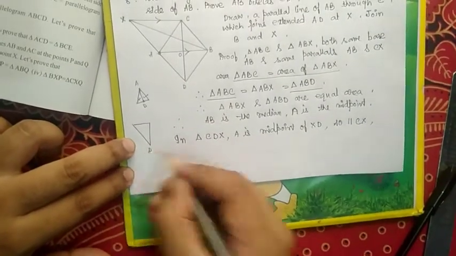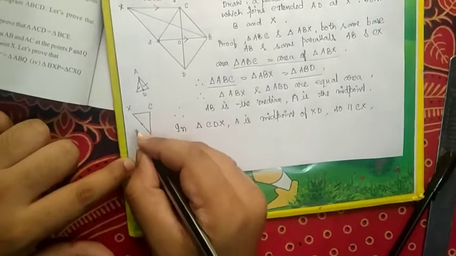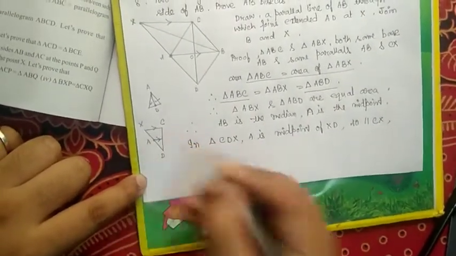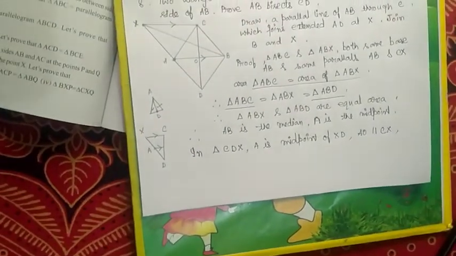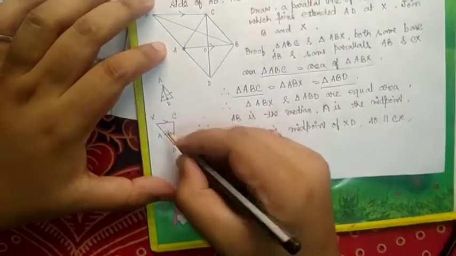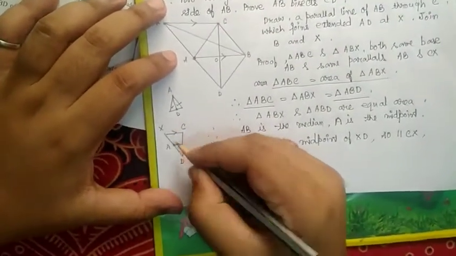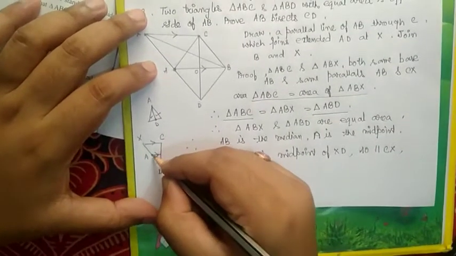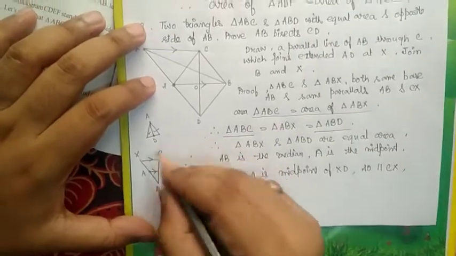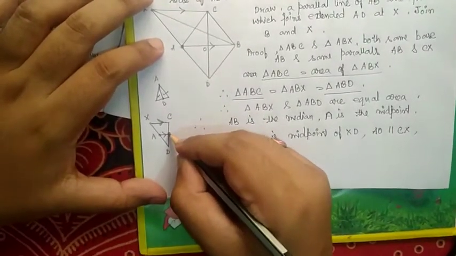If this is D, this is C, this is X, this is the midpoint A, and if these two are parallel, from the converse midpoint theorem we can say that in a triangle, if this is the midpoint of XD, and from this midpoint we draw a straight line which is parallel to the third side CX, then it meets the third side at its midpoint.